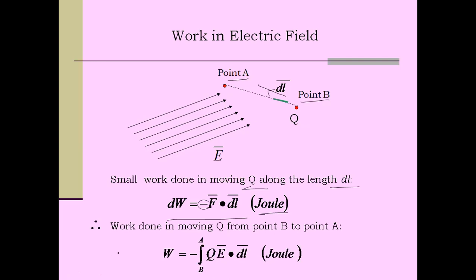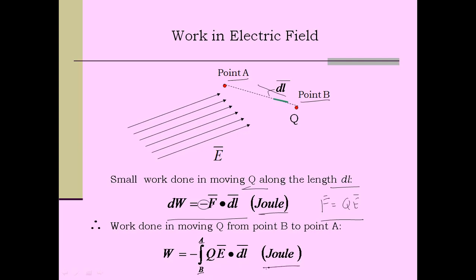The total work W will be equal to the integration of dW, which is the integration of QE dot dl, because we know that F equals QE from our understanding of Coulomb's law in chapter 2. The integration will be from point B to point A, because we are moving the charge from point B to point A.